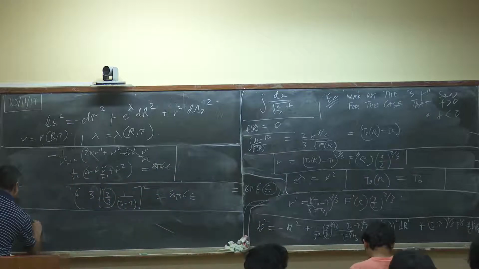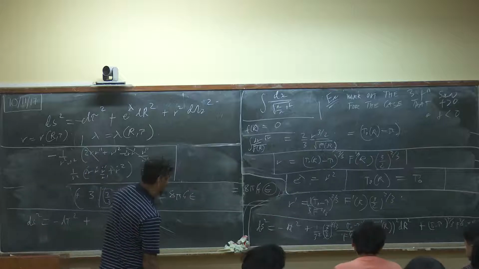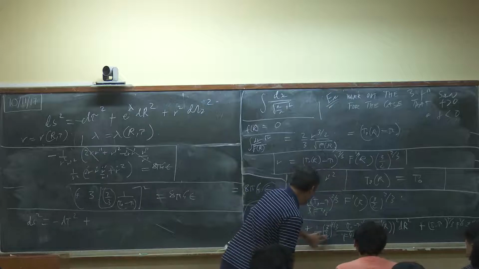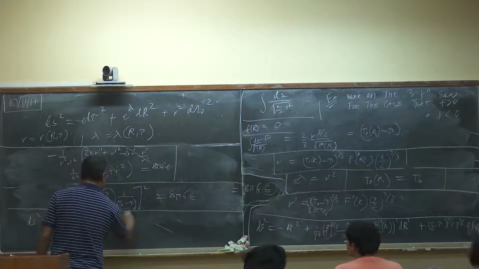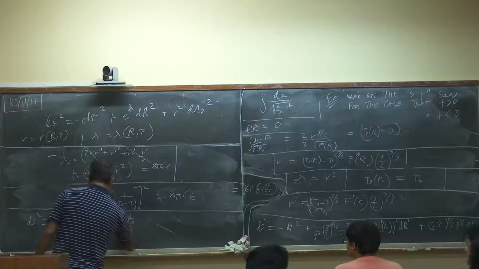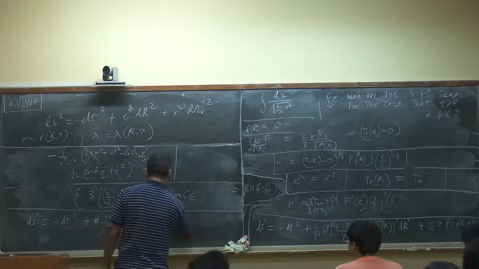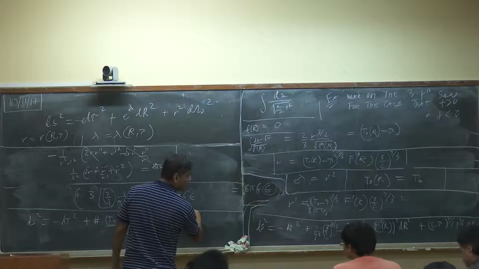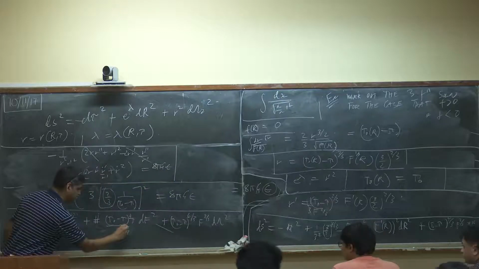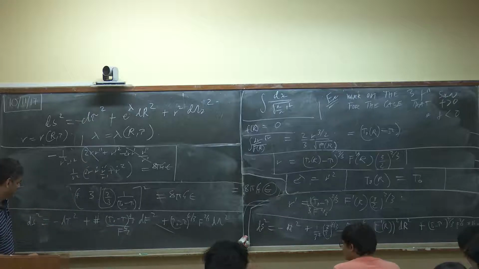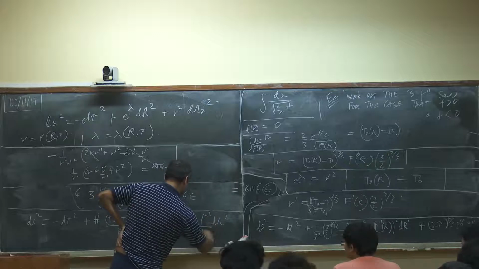Okay. So this metric is ds squared equals minus d tau squared plus this number, tau naught minus tau to the power 4 by 3 over f to the 4 by 3 df squared, plus tau naught minus tau to the power 4 by 3 f to the power 2 by 3 d omega squared. That's f squared by f to the power 4.